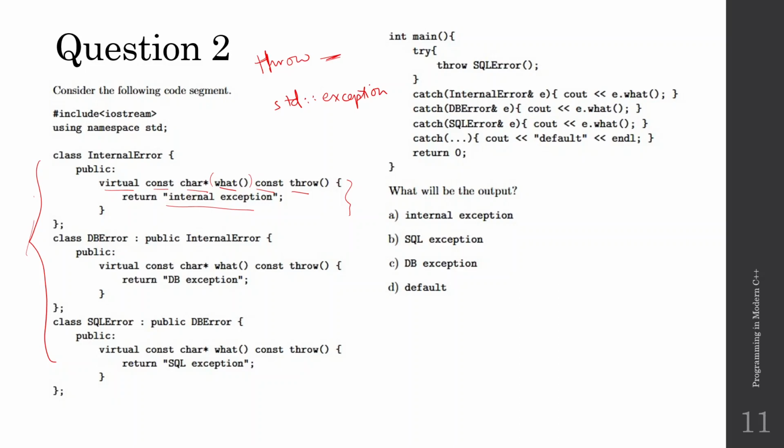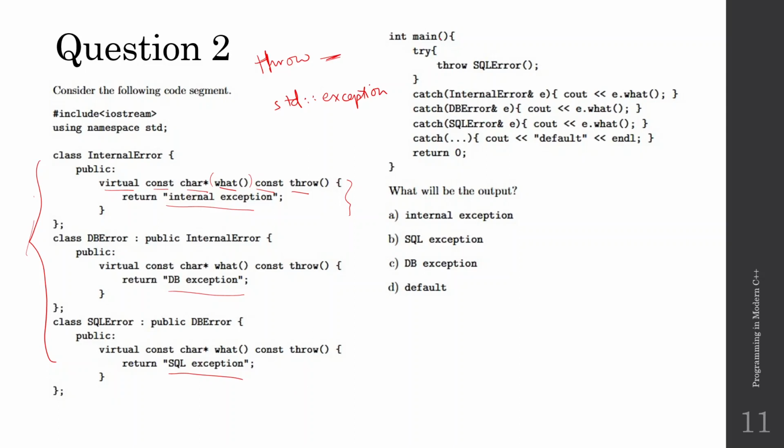Next we have the db error class which inherits from the internal error class, and it has the same function signature except it returns db exception. And in the last one it again derives from the db error class, and it returns sql exception.